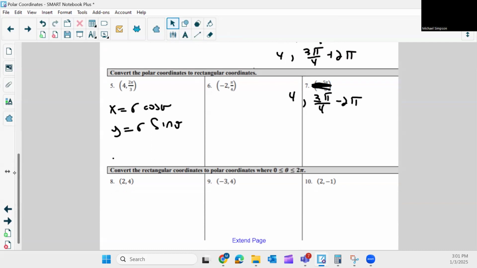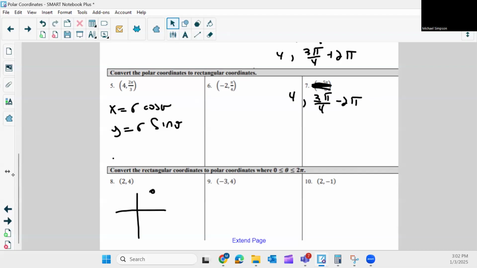Convert again here. You want to convert to polar coordinates. The trick here is you've got to know when to add pi and when not to add pi. In this case, this point is in the first quadrant, 2, 4.